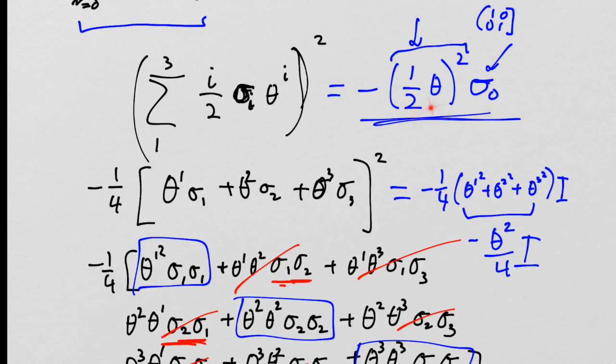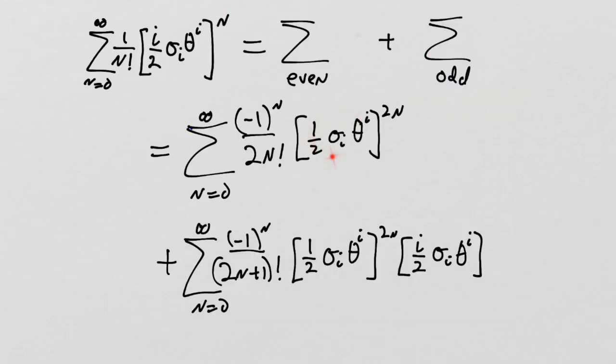It's 1/2 theta squared sigma 0. So this part here is 1/2 theta squared sigma 0. So I can actually erase this, and I can write 1/2 theta squared. What else? I have to erase this 2n. 1/2 theta squared to the nth power.